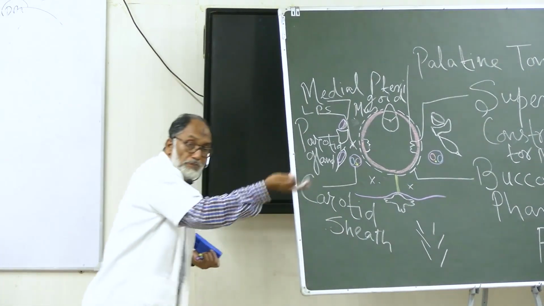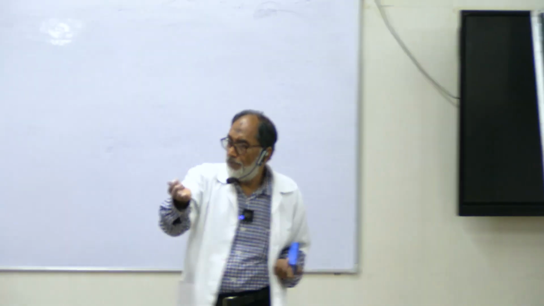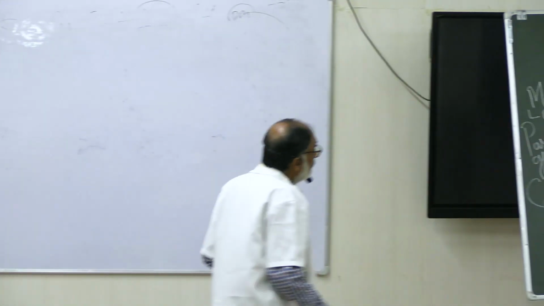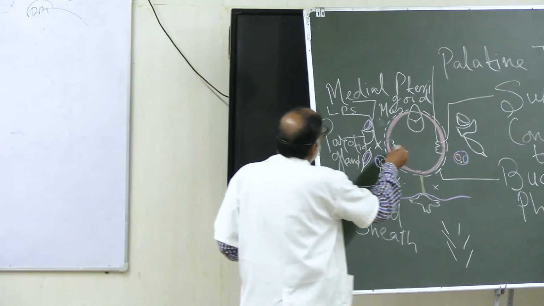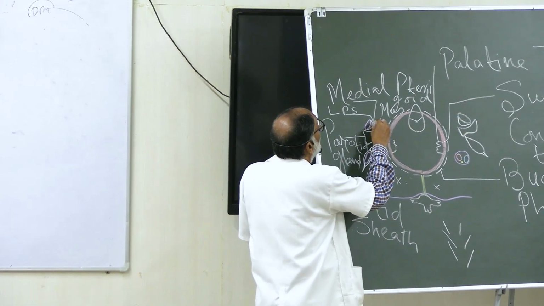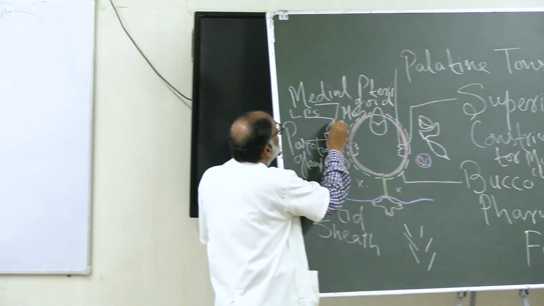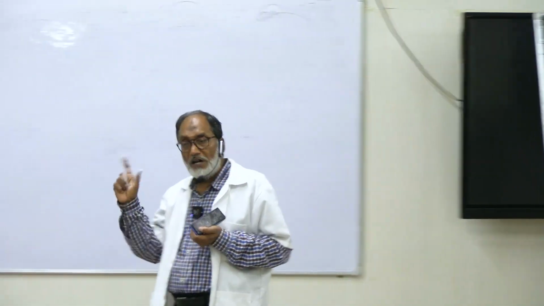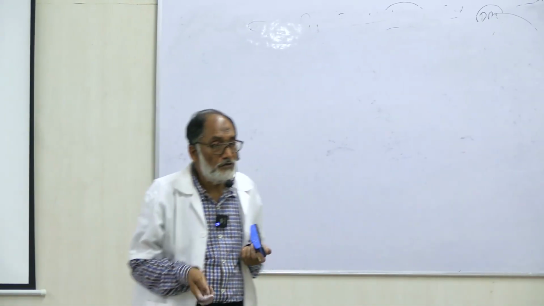Now the medial boundary is done; medially it is formed by the wall of the pharynx. Now laterally, what lies? Anterolaterally this part is the medial pterygoid muscle.